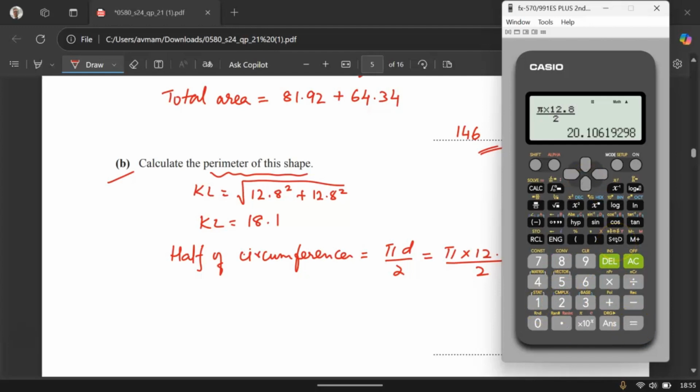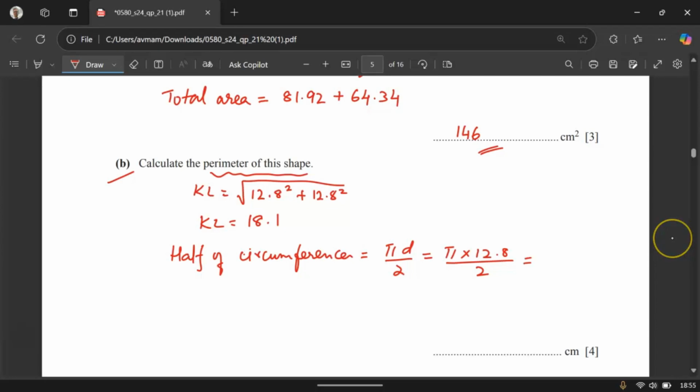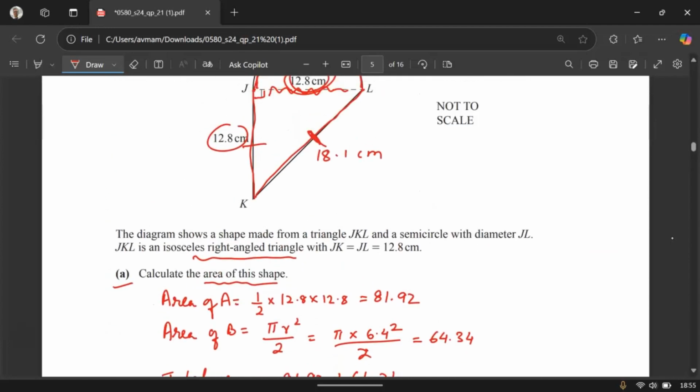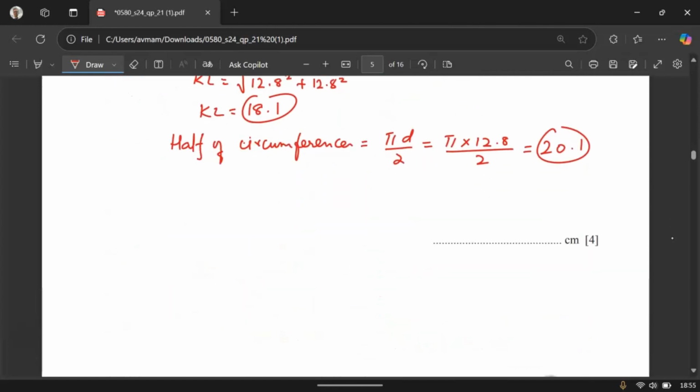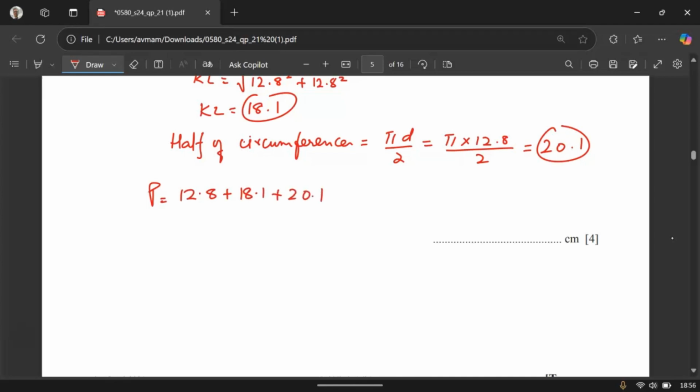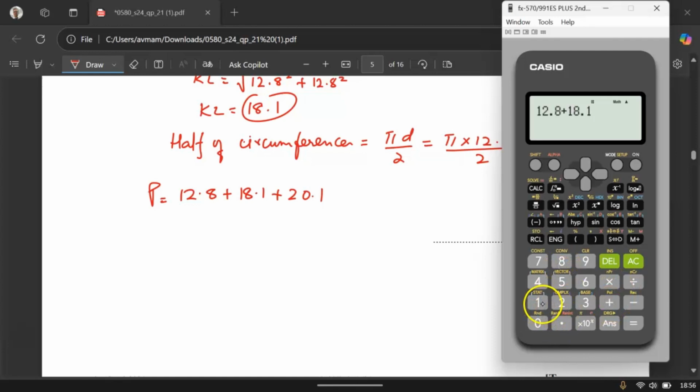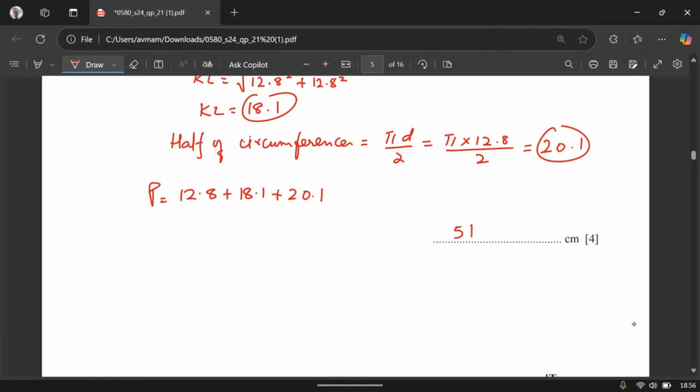So let me write 20.1. Now we have 18.1, 20.1, and let us not forget this side, that is 12.8. So let us add all of them. Perimeter equal to 12.8 plus 18.1 plus 20.1, and that gives us 51 centimeters.